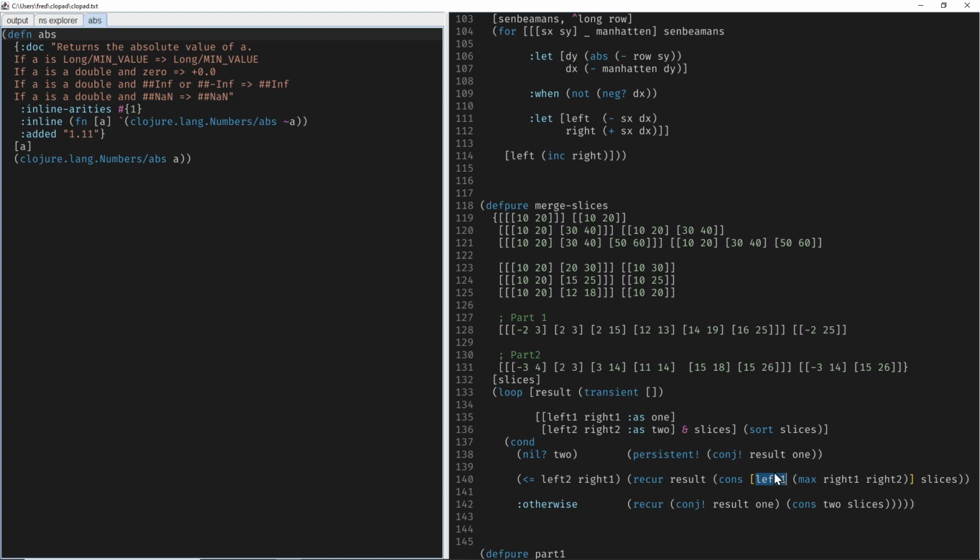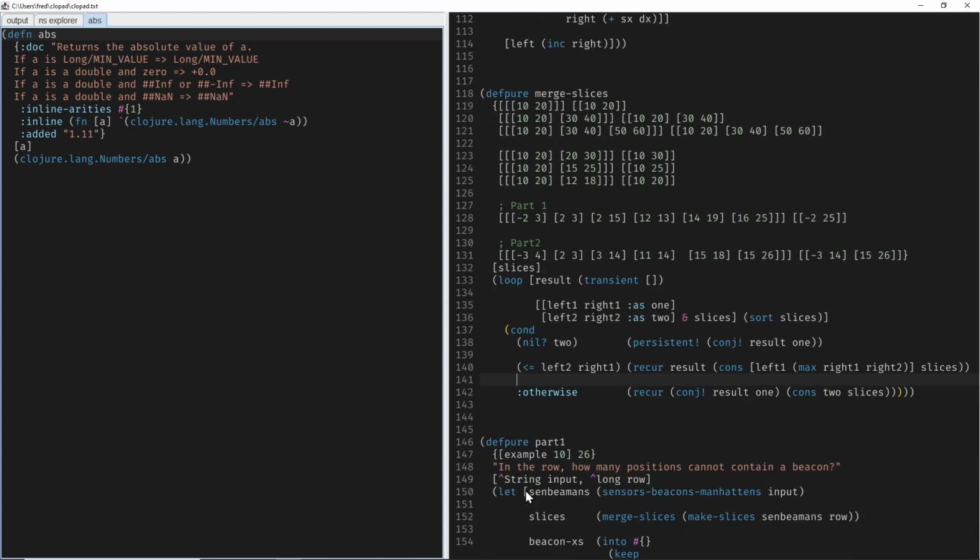So left 1 can't be bigger than left 2, but for the right ones, we pick the maximum of those. That covers all cases. So slice 1 and slice 2 are then merged in a sense. Otherwise, we simply take the first slice as it is and process the rest of the slices.